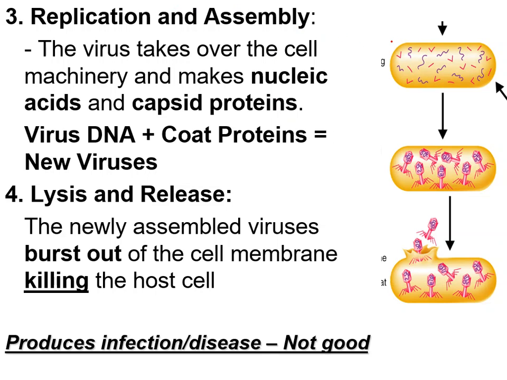Except that once a virus has injected its DNA or RNA into a cell, that cell will now be making viral proteins, right, in addition to its own proteins. So viral replication and assembly will occur.